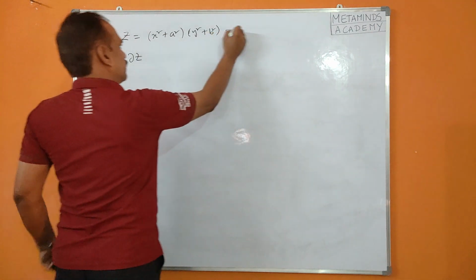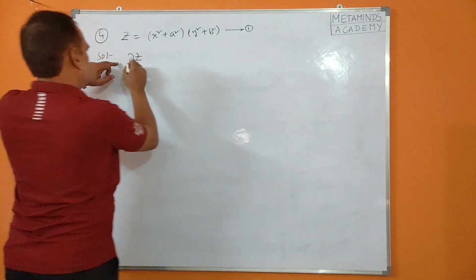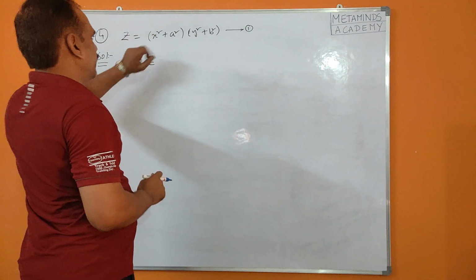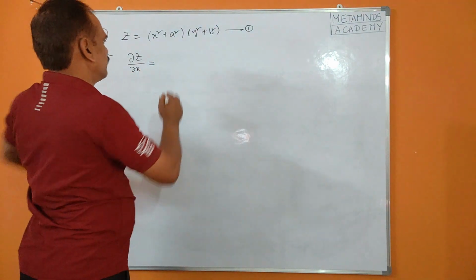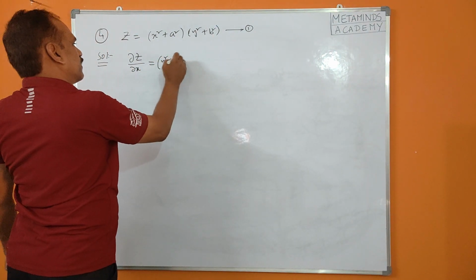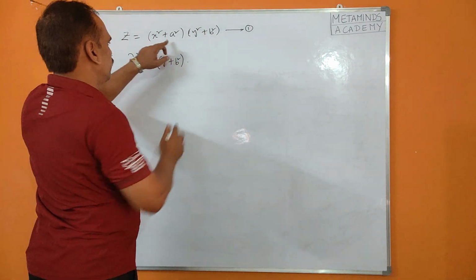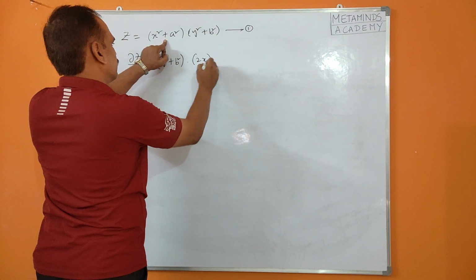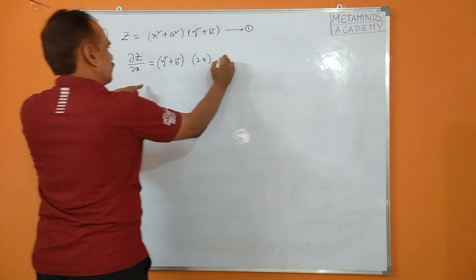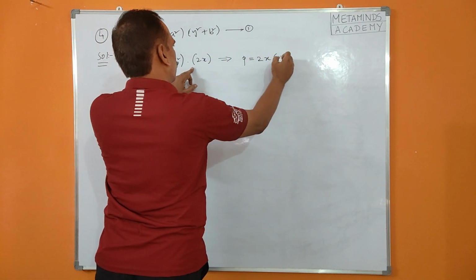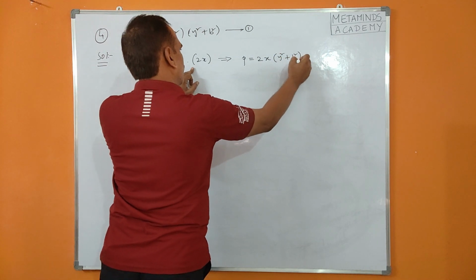Differentiating the given equation 1 with respect to x, there is no x in the second factor, so it is kept as constant. Just differentiate the first factor with respect to x, it is 2x. So p equal to 2x into (y square plus b square).